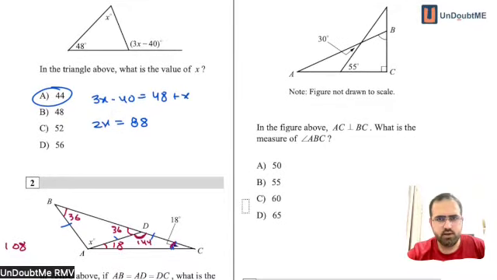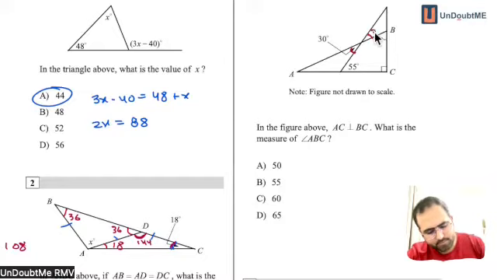AC is perpendicular to BC. This is 30. This will be 30. Opposite angles.